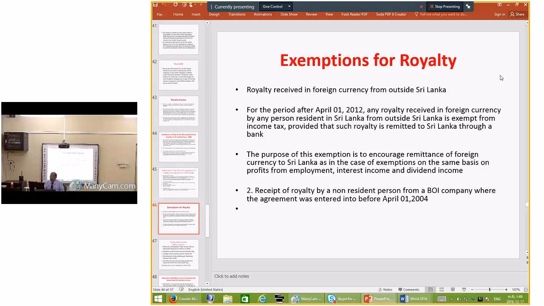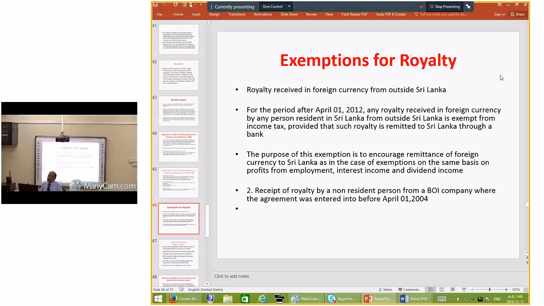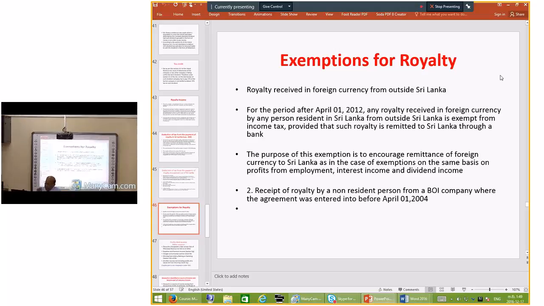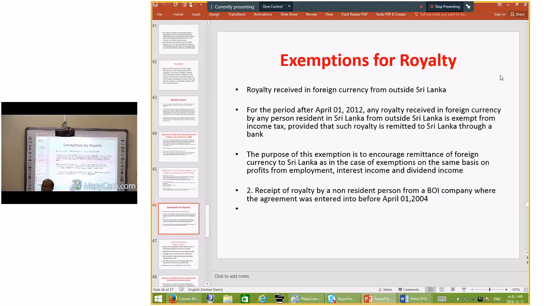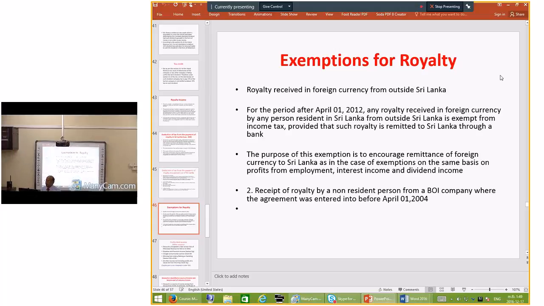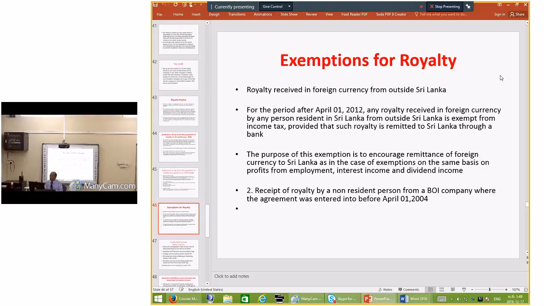If someone wants the exemption on royalty received in foreign currency outside Sri Lanka, he must bring the currency through a formal banking mechanism, that means through a bank. At this stage we must know why these rules were introduced: the purpose of the exemption is to encourage remittance of foreign currency to Sri Lanka.